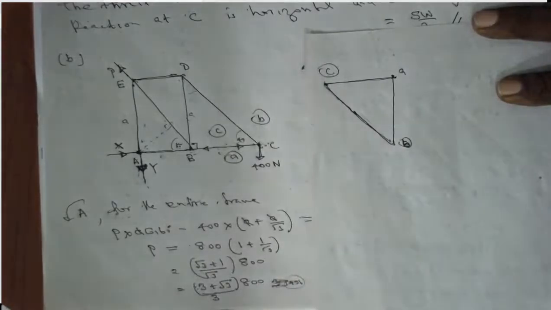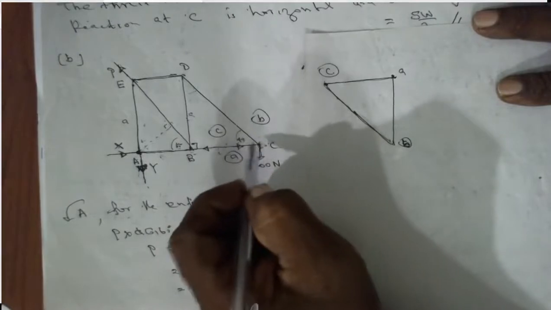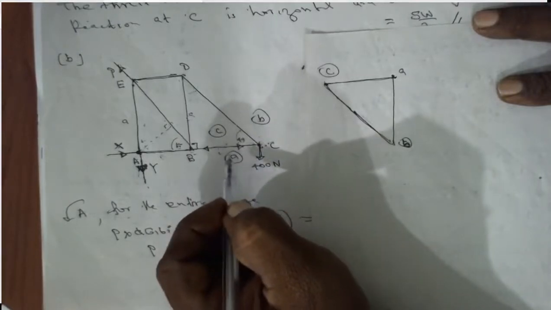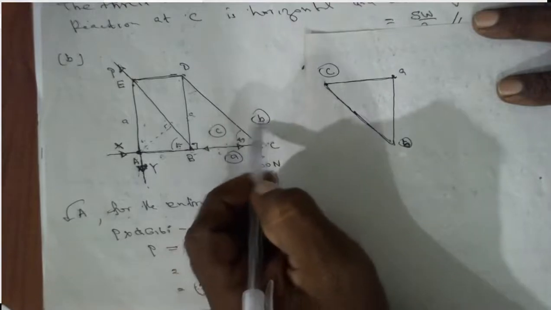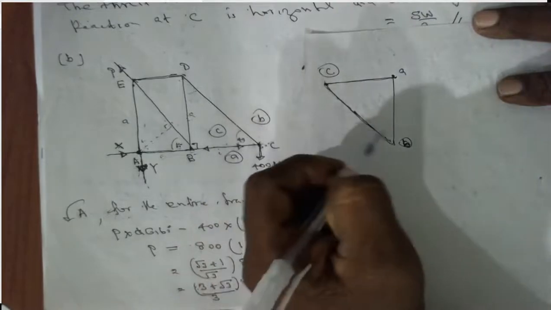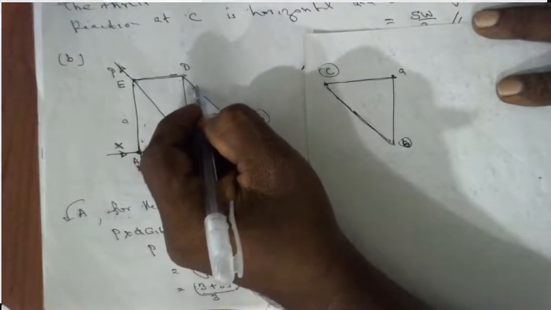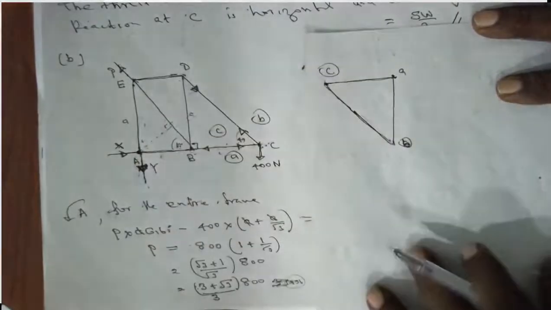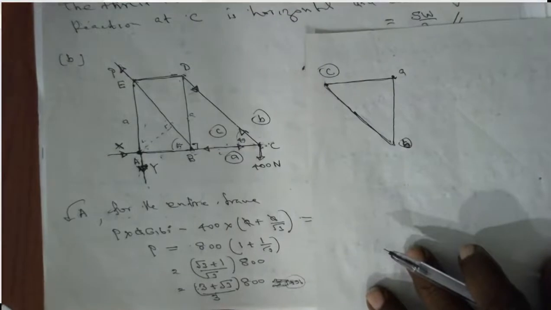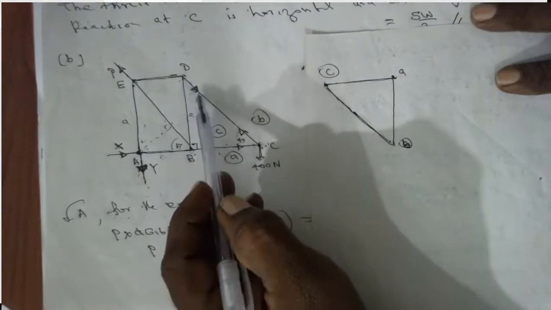So is it a thrust or tension? Thrust, yes. Thrust. Then BC at point C, BC is upwards. This one, thrust or tension? Tension. This D is pulled by this rod.